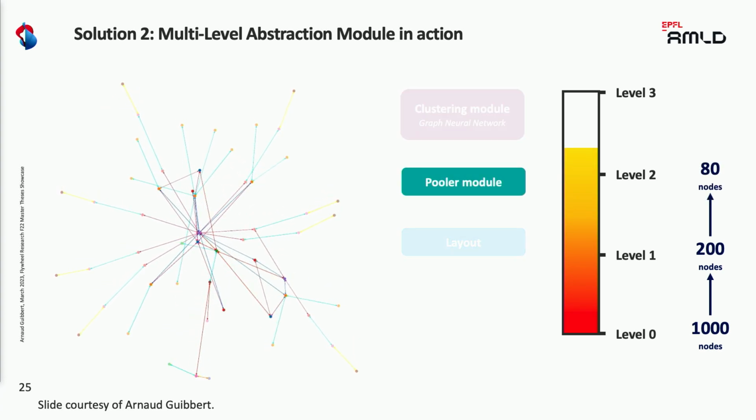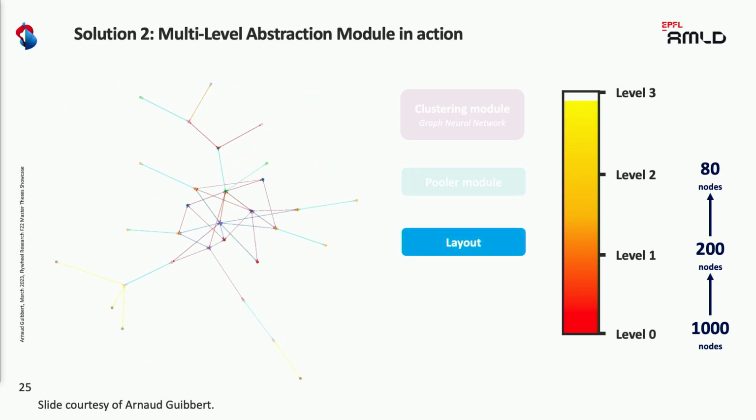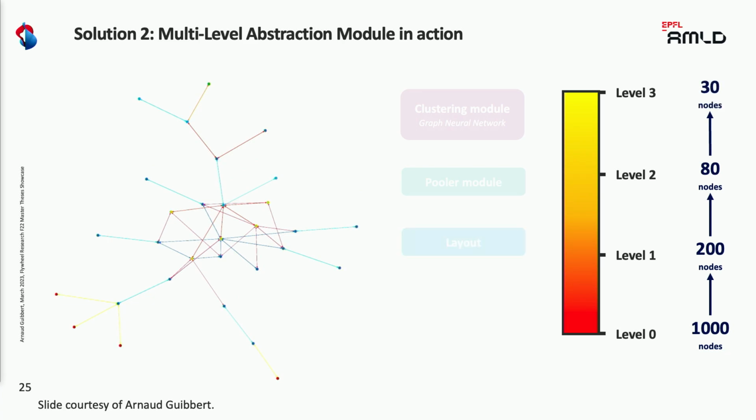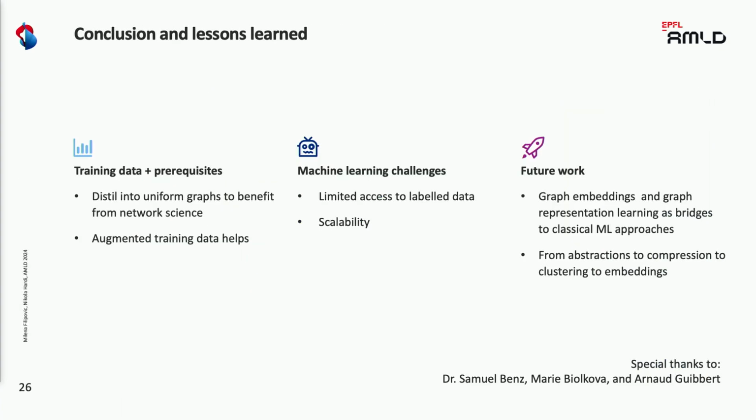I'll just wait for the animation to finish. In the end, we end up with only 30 nodes, and 30 nodes are much easier to reason about than 1,000 nodes. And with the solution for scaling it further, we hope to visualize it more easily as a whole.